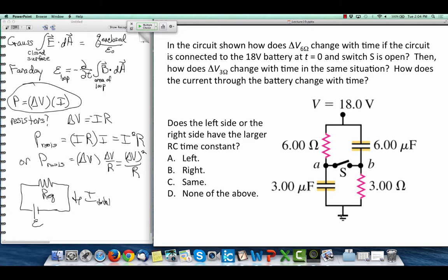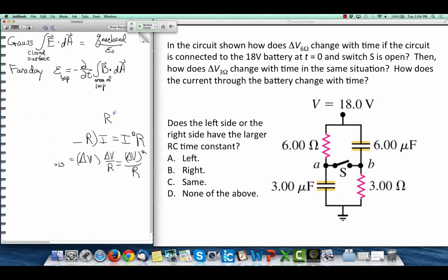And so I'm going to ask you to think about one of the individual things that you might think about. Does the left-hand side or the right-hand side have the larger RC time constant? So if you remember for capacitors, come on, you turn into an eraser.